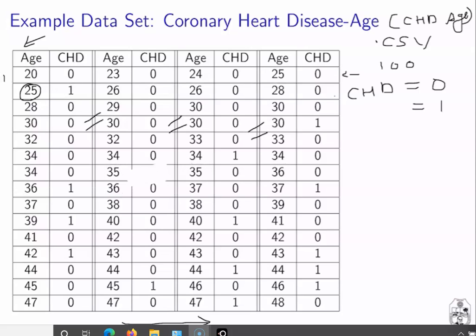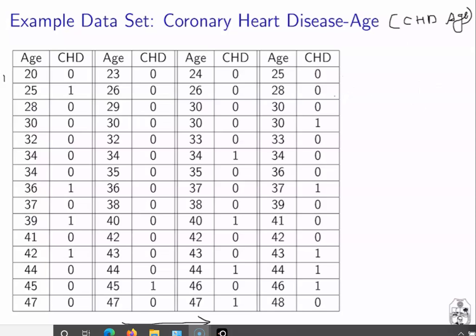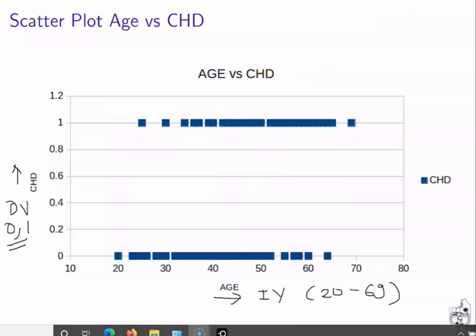So this is about the data set, and when we plot this data set on a scatter plot, we get the scatter plot like this. On the x-axis we have taken the independent variable. On the y-axis we have taken the CHD, that is our dependent variable or the output variable.